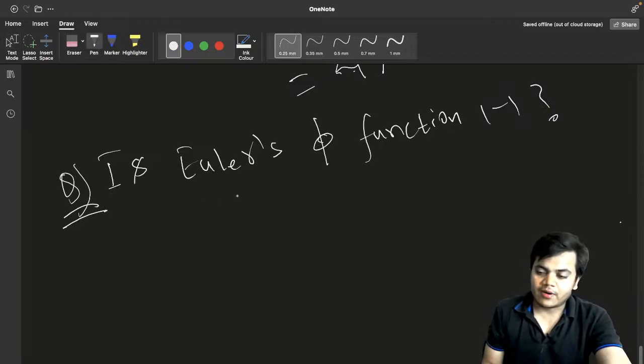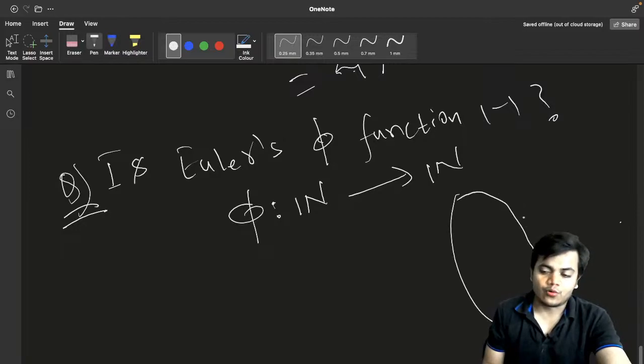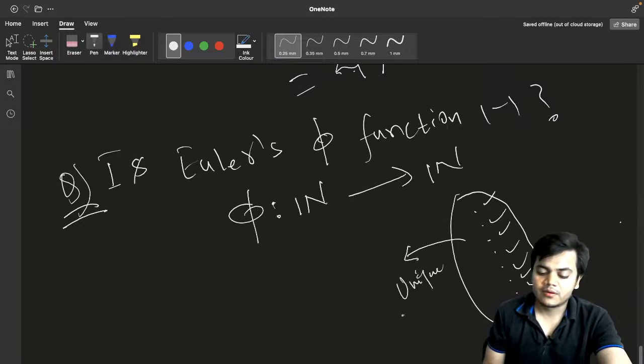Okay, so I would like to say that Euler's phi function is going to be defined from the set of naturals to the set of naturals. Yes, this is the codomain. So when we say this function is one-one, each and every element of the natural numbers should have a unique preimage.